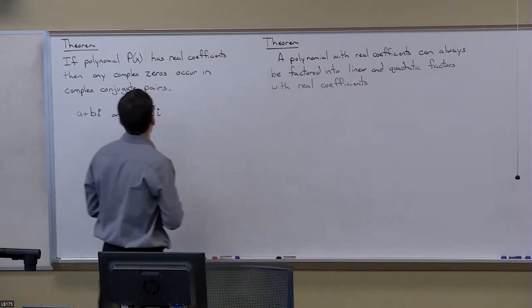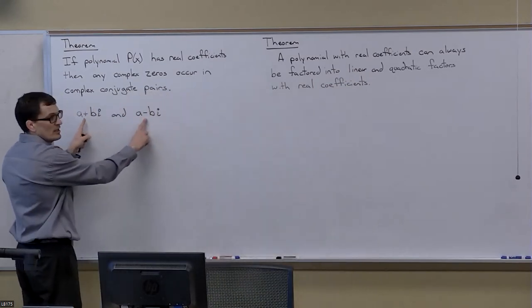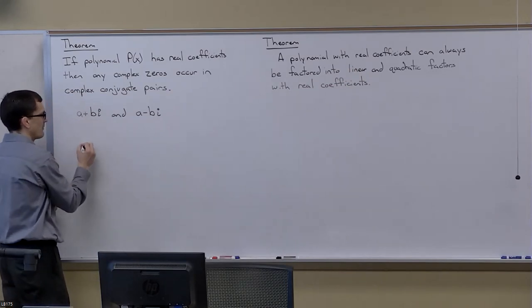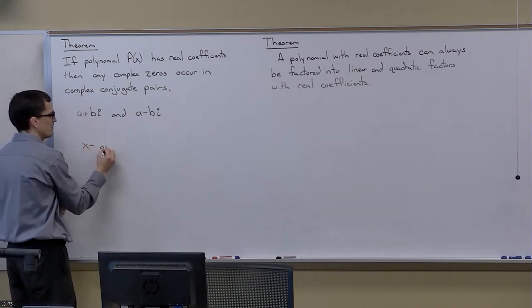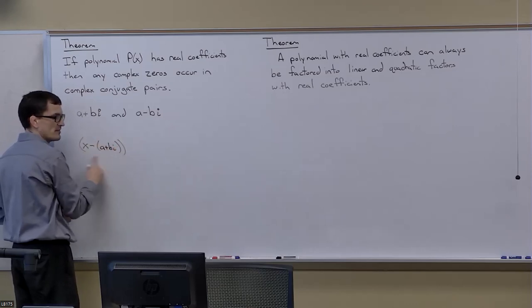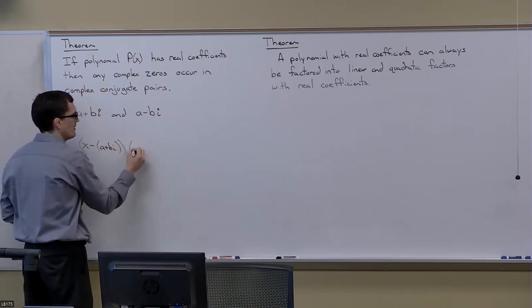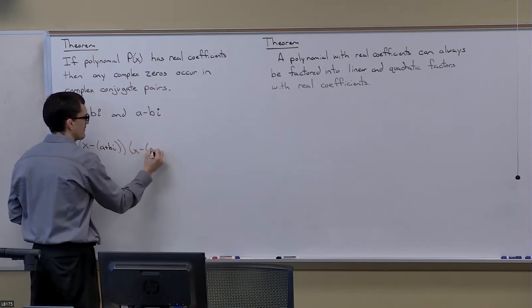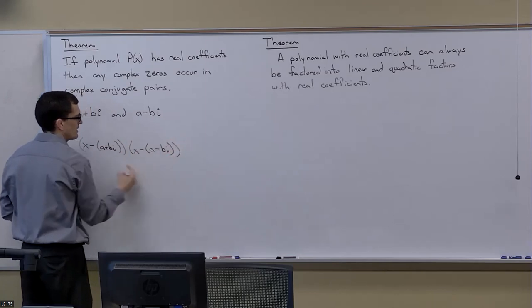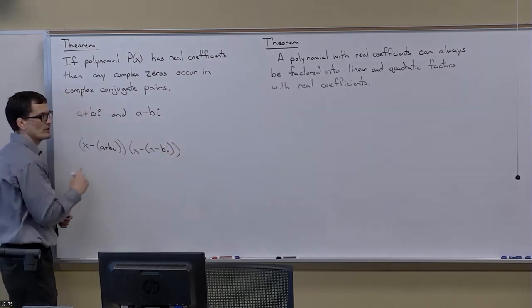Well, if all of our complex zeros occur in conjugate pairs, then when you multiply x minus this complex number times x minus its complex conjugate, what you get is a quadratic with real coefficients.